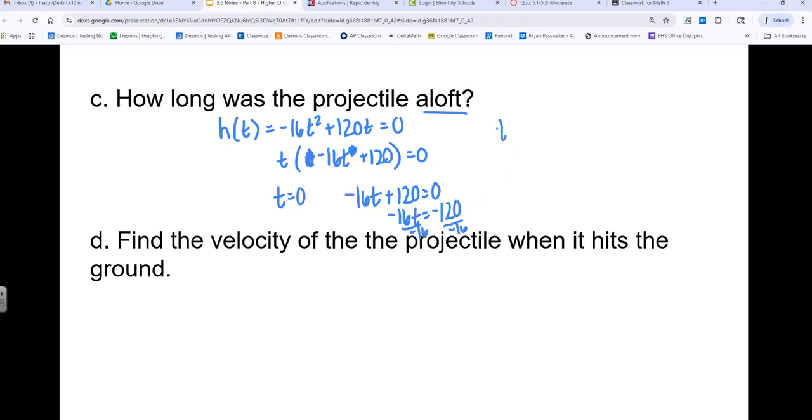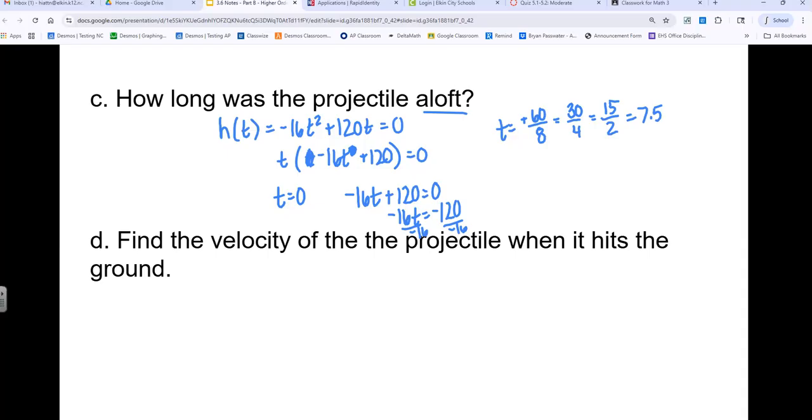Let's see if I can do this without a calculator. It's going to be negative 120 over negative 16, so it's going to be positive. That'll be 60 over 8, that'll be 30 over 4, that'll be 15 over 2, that'll be 7.5. Does that sound right?